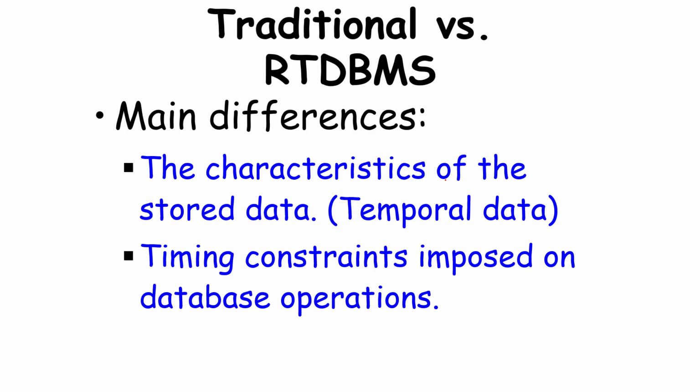The main differences are that, of course, the data is different in the sense that the data stored in a real-time system, I won't call it a real-time database, but a real-time data store, as opposed to a traditional database, is that you're sensing data from the environment. Every datum has a timestamp, and it's possible that after a certain delay, the data itself may expire.